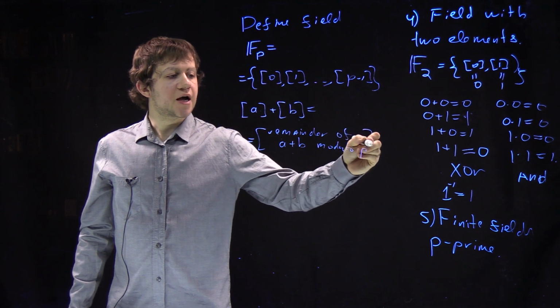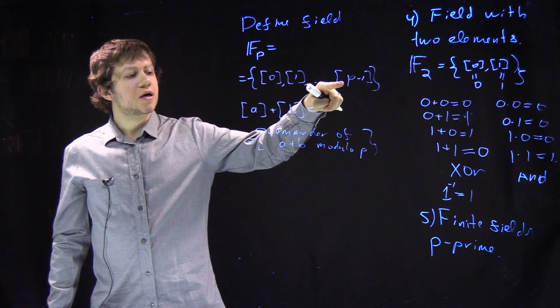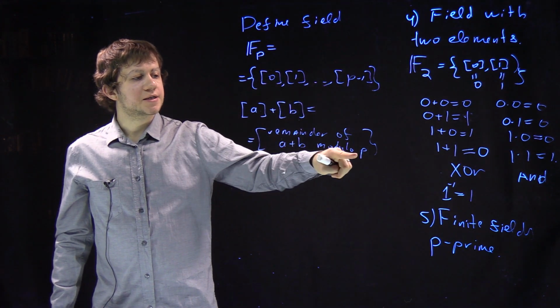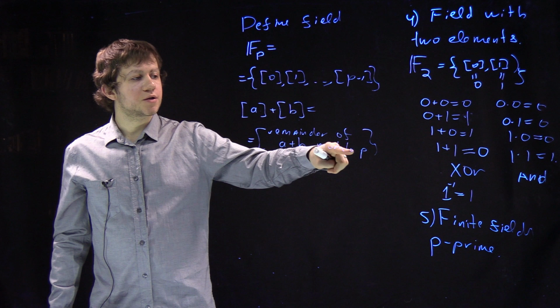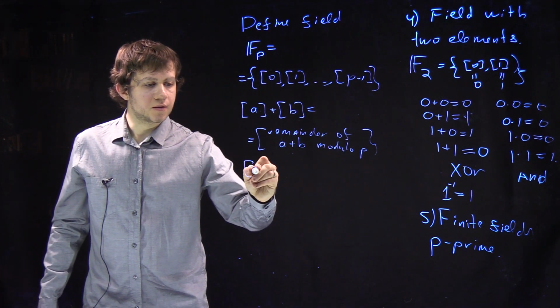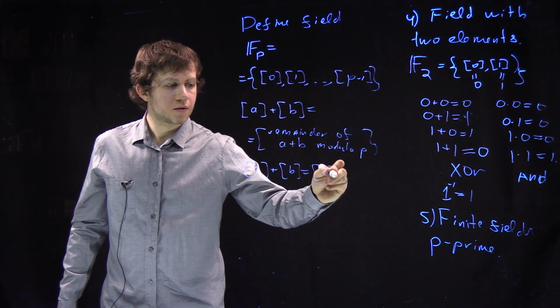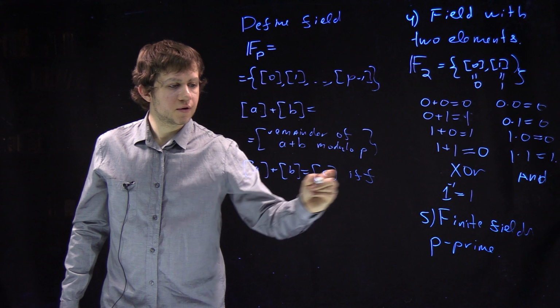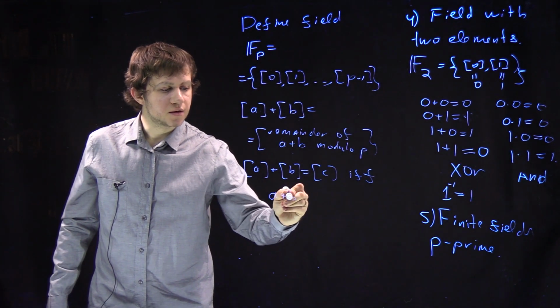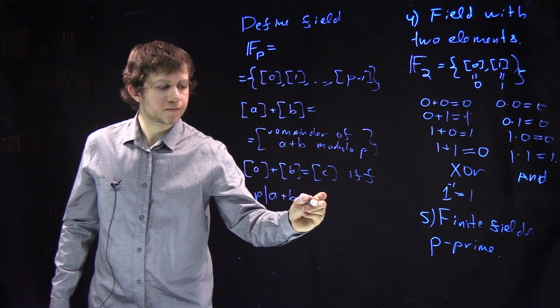It means we take a plus b and find one of the elements here, so that when we subtract it, the difference is divisible by p. So a plus b equals c if and only if a plus b minus c is divisible by p.